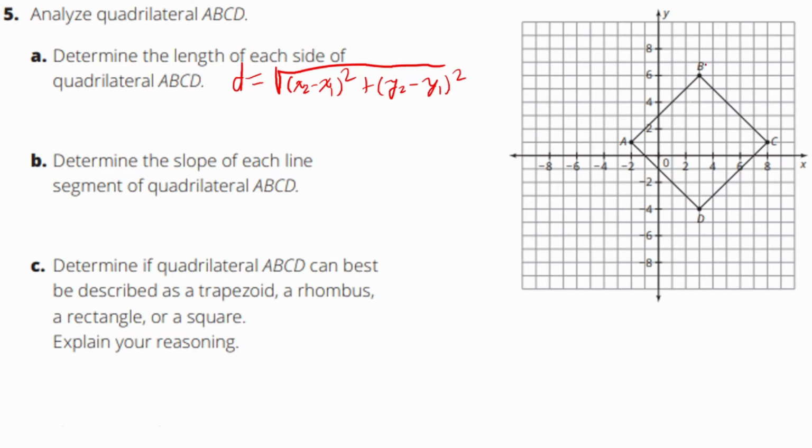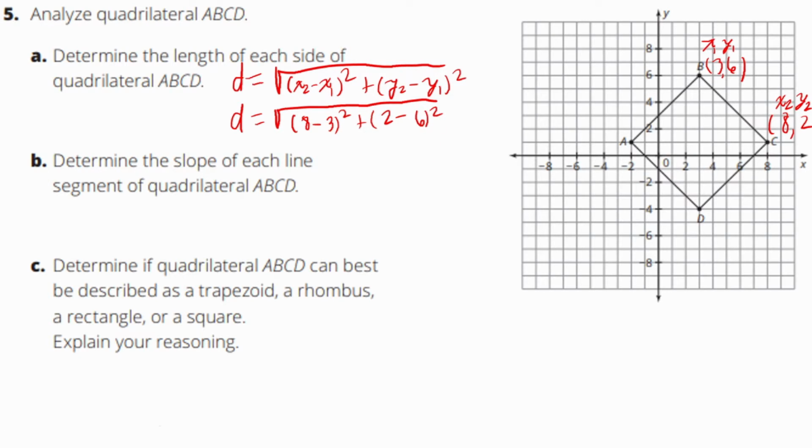So I'm going to use B and C because they're just both positive and I like positive coordinates. So B is at 3, 6, and C is at 8, 2. So let's plug those in. Also, let's label them. We got x1, y1, x2, y2. So we plug them in. We get d equals the square root of x2, which is 8 minus 3 squared plus 2 minus 6 squared.